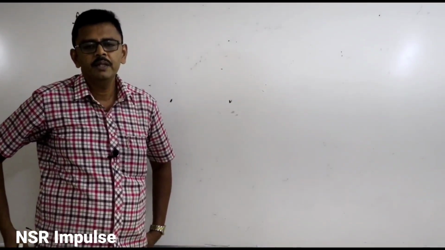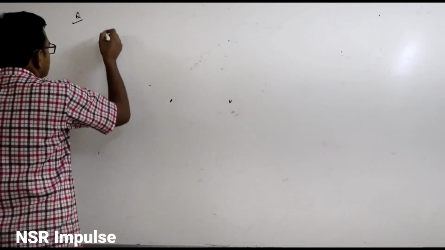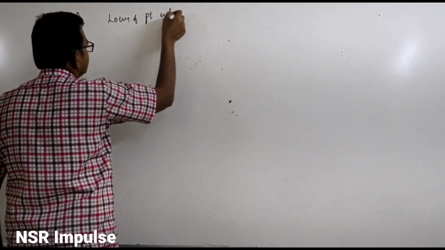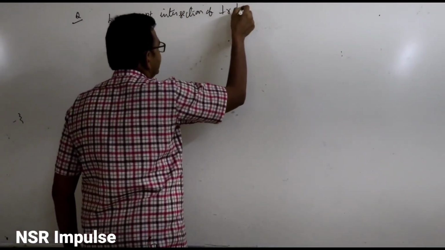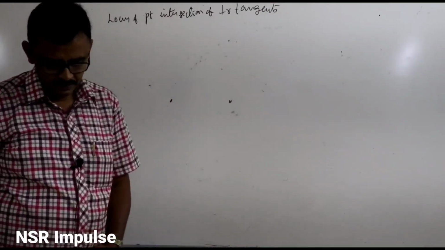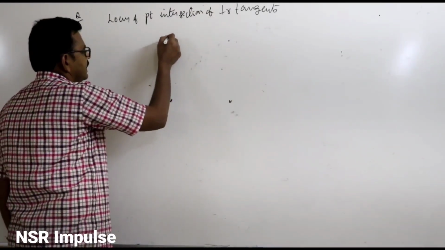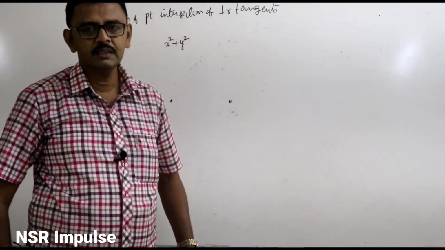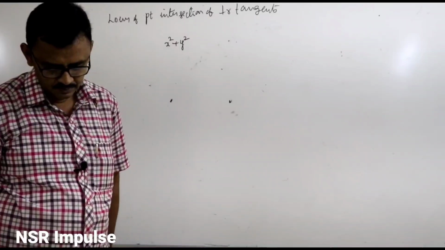The locus of point of intersection of perpendicular tangents to the circle x square plus y square minus 4x minus 6y plus 1 equal to 0.